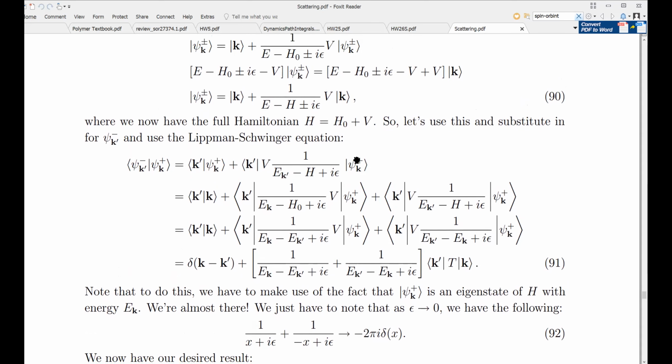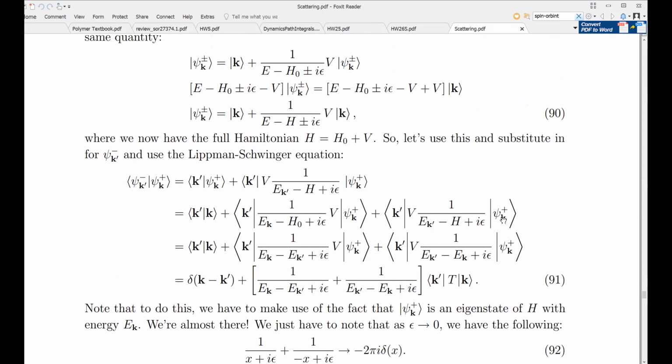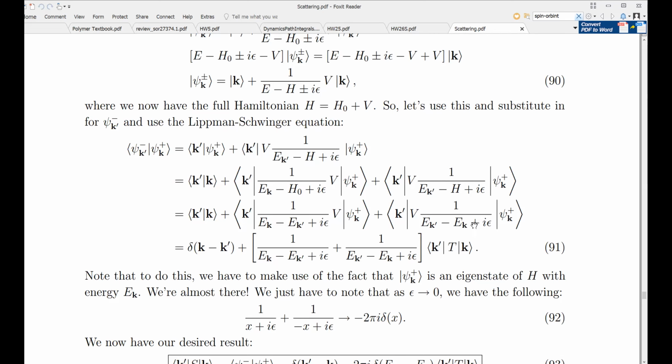So this h can act on the psi plus, and you just get ek. So no more cheating, and we're good. Any more questions about that one? This is related to one of your homework problems.